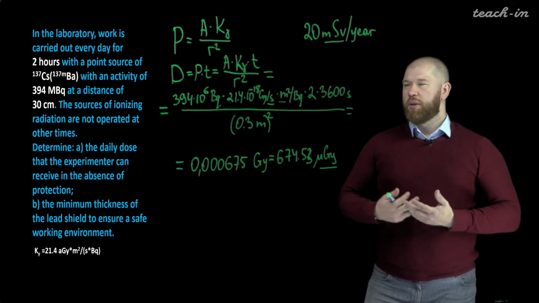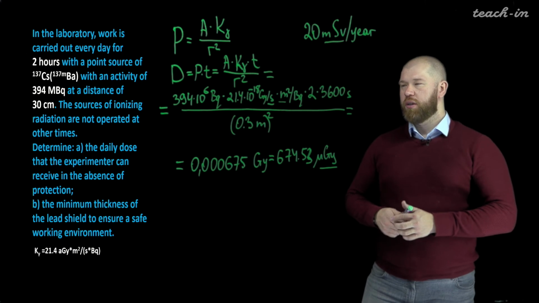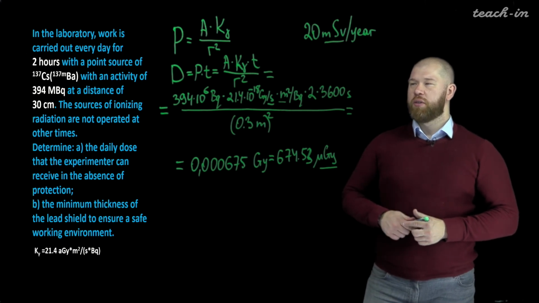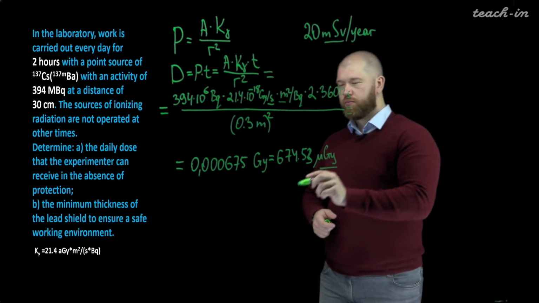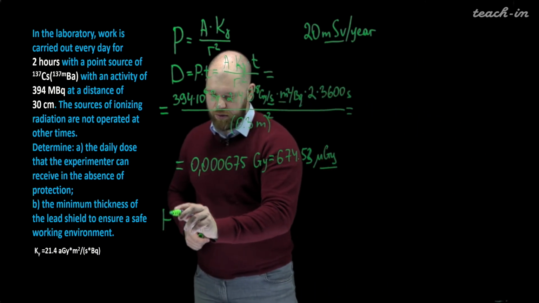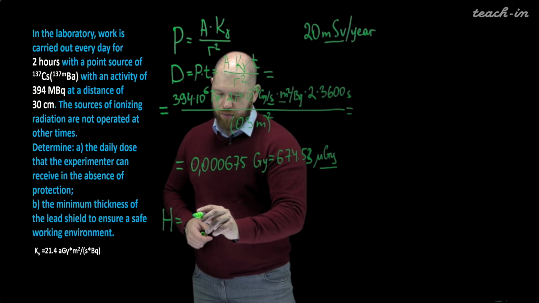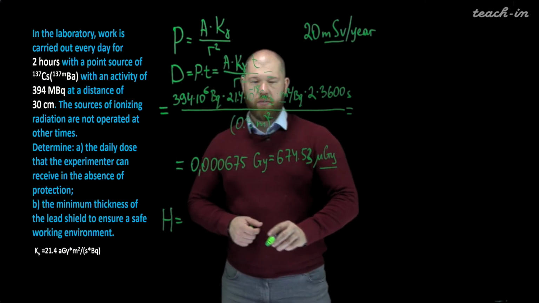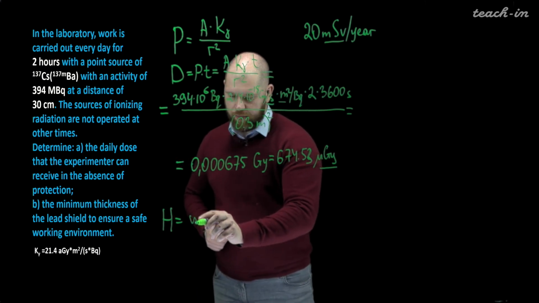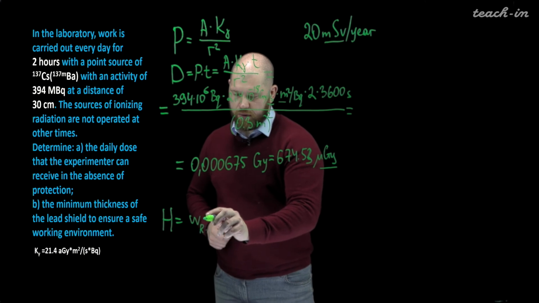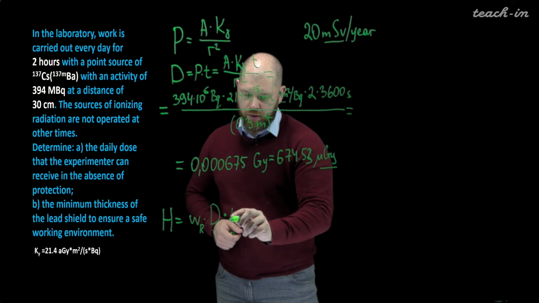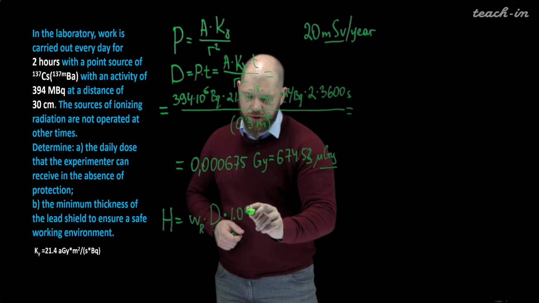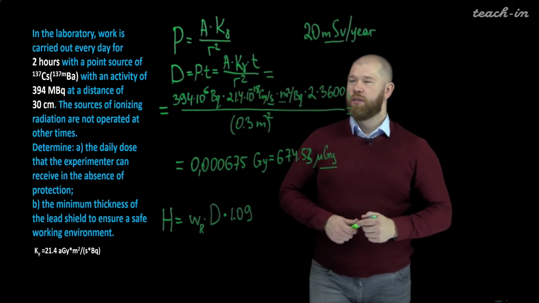And thus, we have to recalculate our dose to equivalent dose with the weighing factor. So our equivalent dose will be weighing factor for radiation multiplied by the dose rate. And also, we have this coefficient 109.